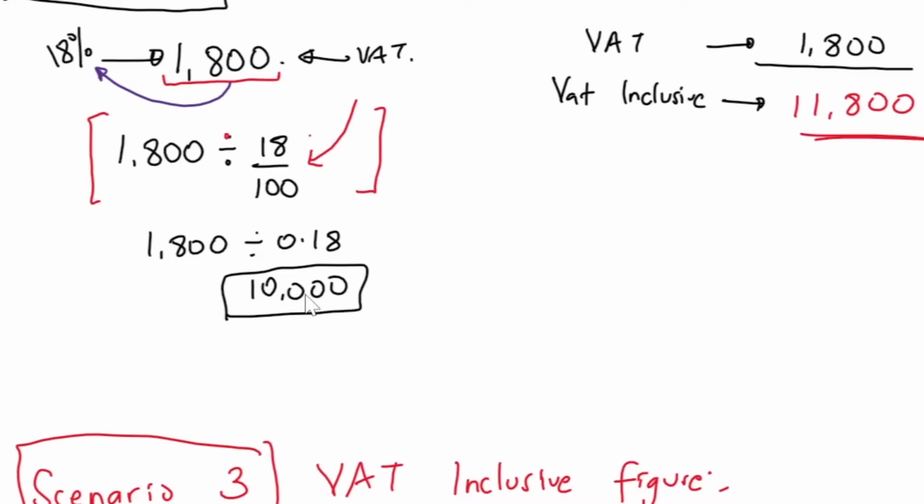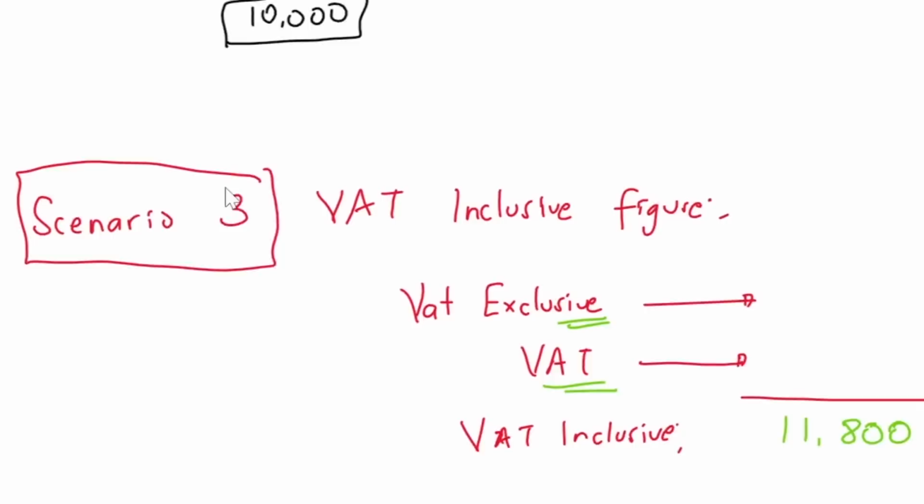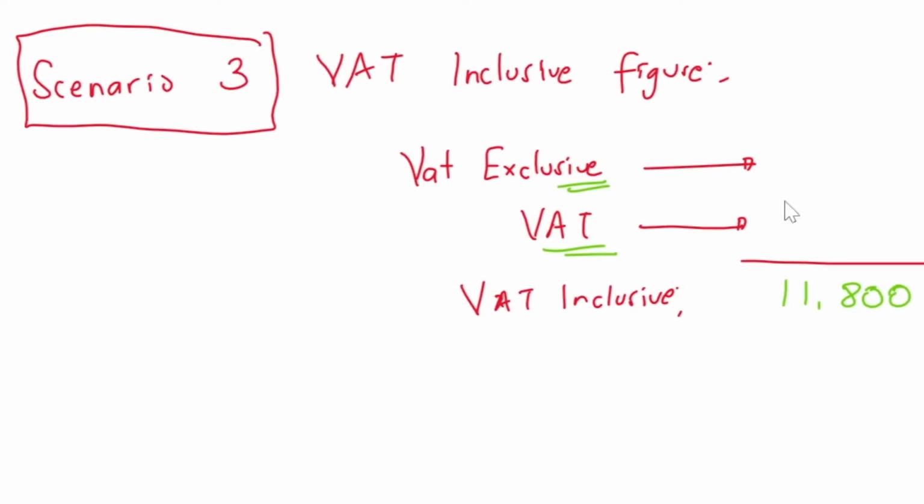I'm going to show you how we get to this mathematically. So for scenario 3, we have 11,800, which represents 118%. So what does that mean? It means that we're going to divide it by that.